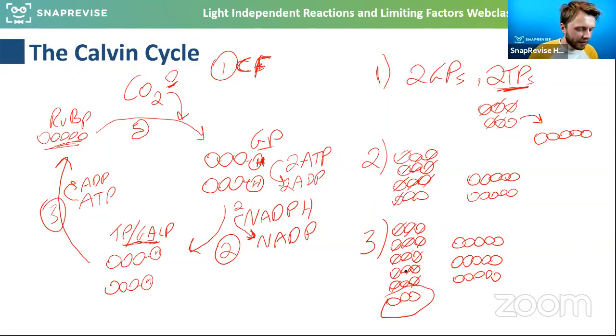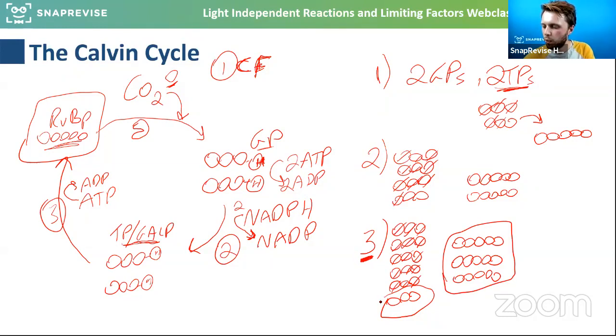So in this Calvin cycle, this light independent cycle, and I know this is a bit confusing, if I want to regenerate my RuBP, then I have to do 3 cycles to make 3 ribulose bisphosphate molecules and 1 molecule of TP. So if I do 3 cycles, then I will make 3 ribulose bisphosphates and 1 hexose sugar. So 3 cycles is really important.